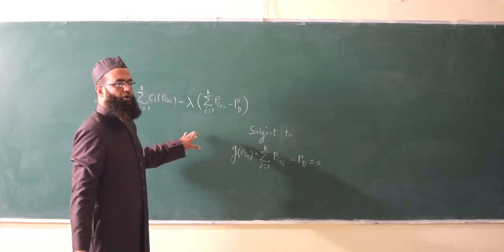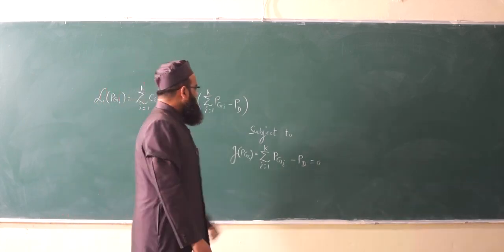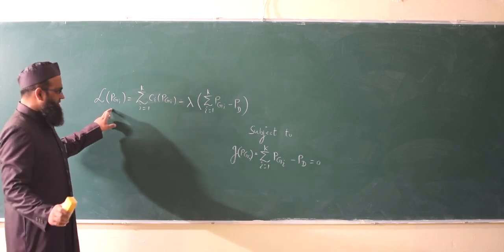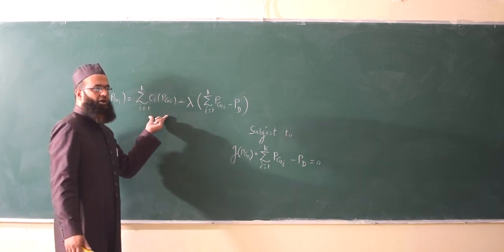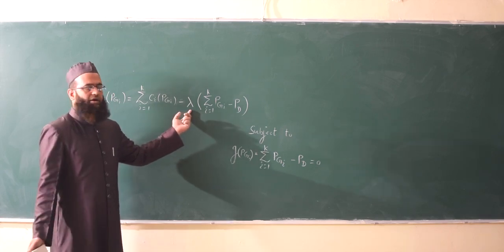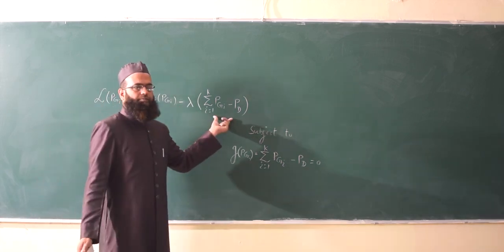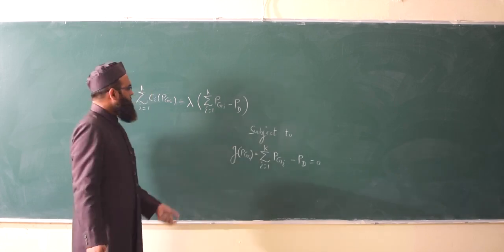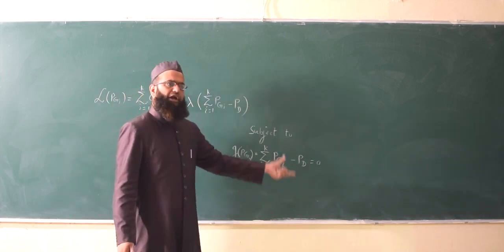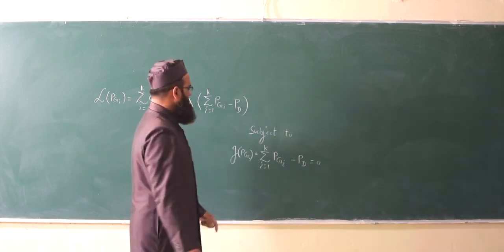So what have we done till now? We have just introduced one new function known as the Lagrange function, consisting of our objective function plus or minus some constant known as the Lagrange multiplier times the constraint. Suppose we are having two constraints, so we can write lambda 1 times the first constraint plus or minus lambda 2 times the second constraint, and so on, right?